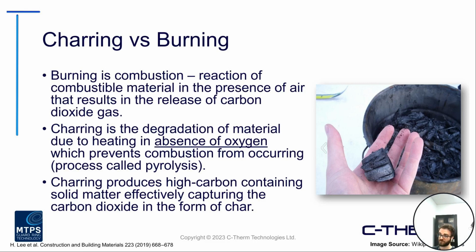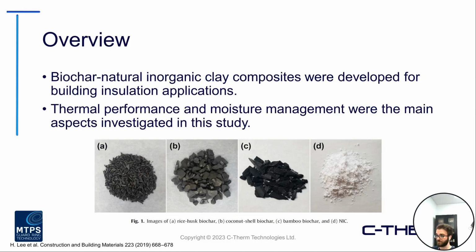So what charring does, it produces high carbon containing solid matter, effectively capturing what would otherwise be released carbon dioxide in the form of a solid char. So again, we have these different types of biochar materials. Different materials can be charred. In this study, they were looking at things like rice husk, coconut shell, and bamboo char.